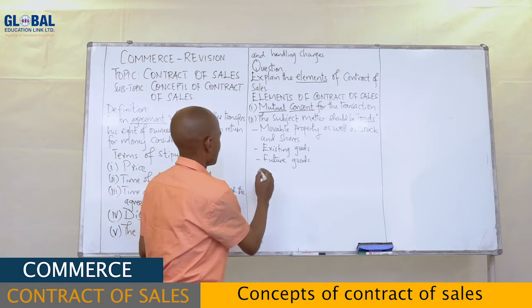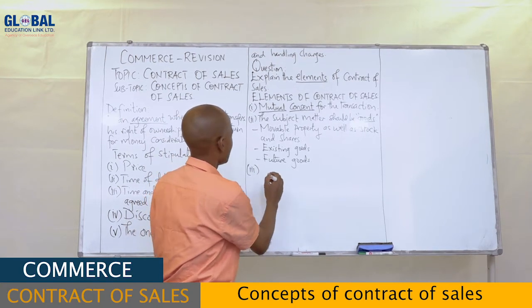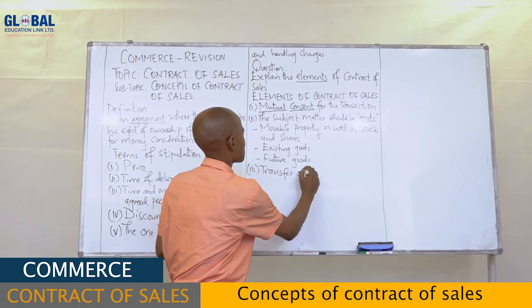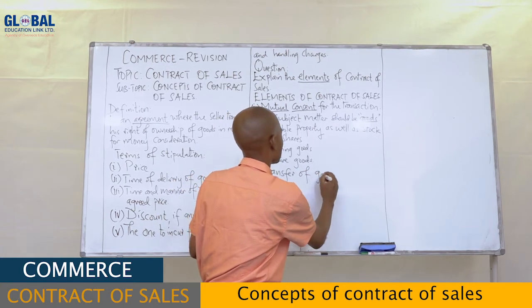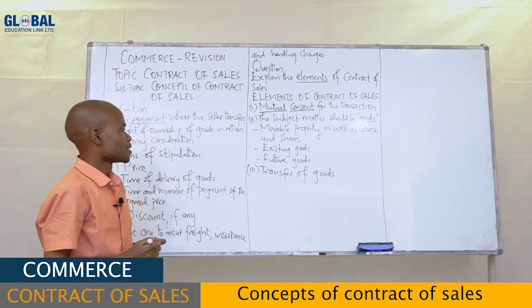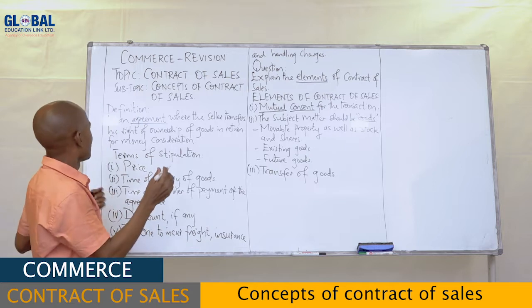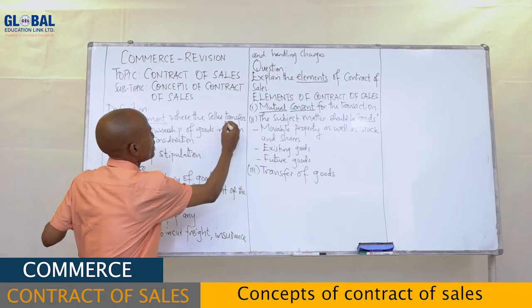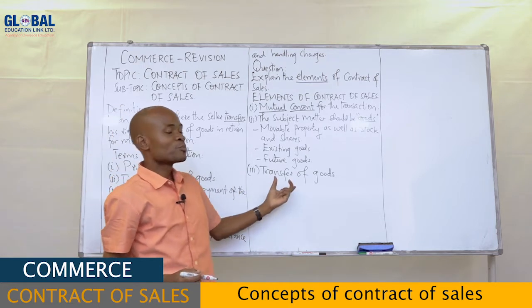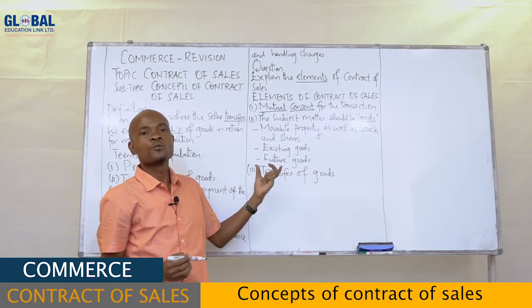Another element is called transfer of goods. As we have seen from our definition, transfer of goods simply means transfer of ownership of goods.